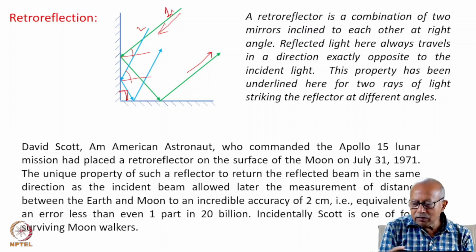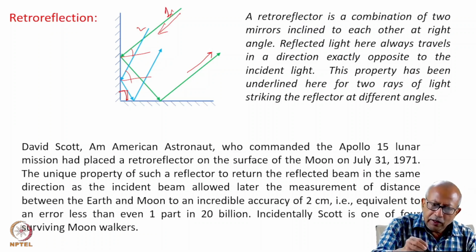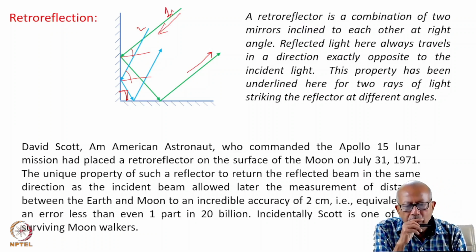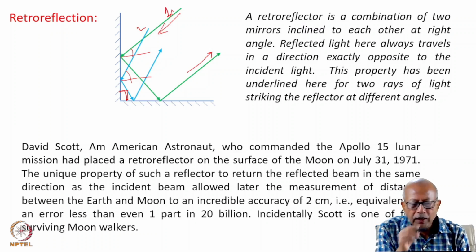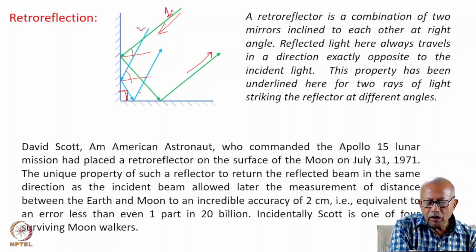Well, let us very quickly prove this, that in a retroreflector, the reflected light always travels in a direction opposite to the incident light. In a retroreflector, the two mirrors are placed in such a way that they are perpendicular to each other.